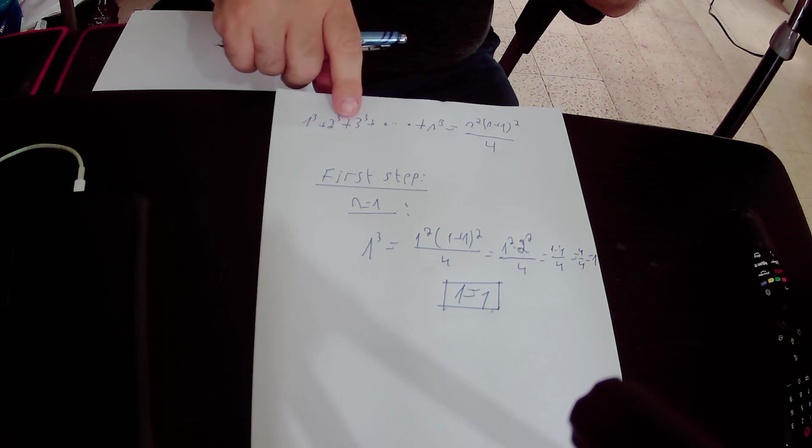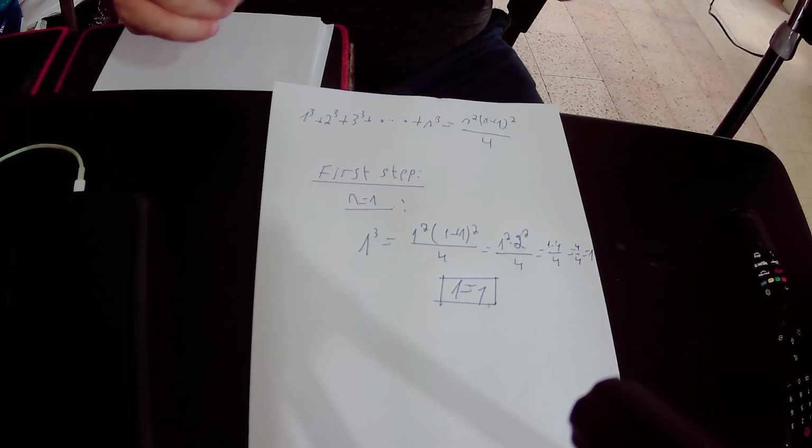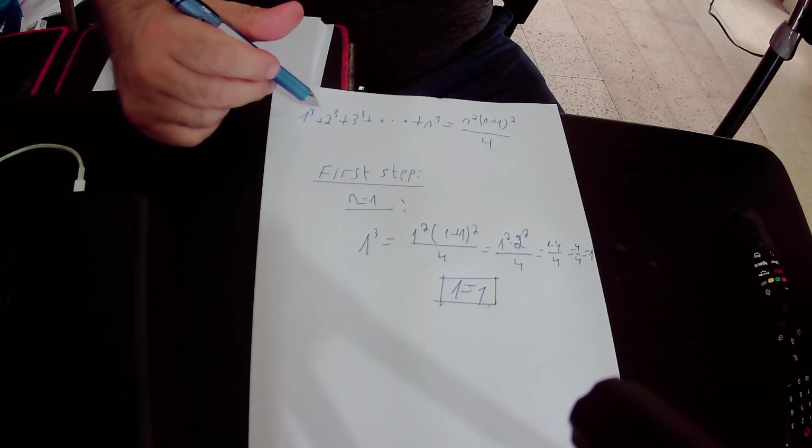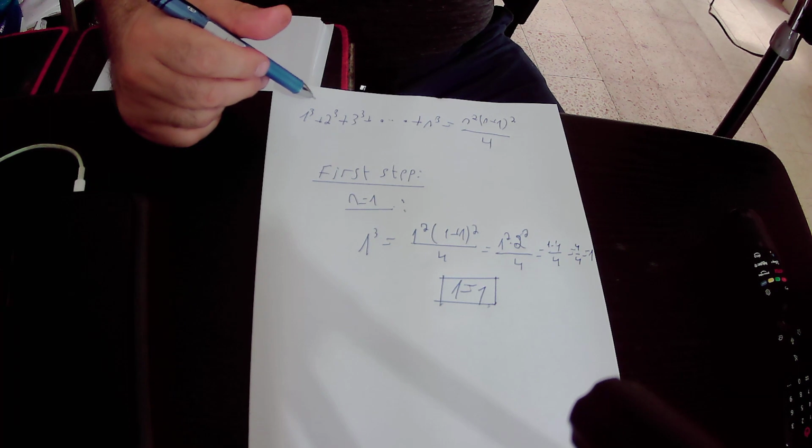Now the second step is to assume that this statement, or this claim, or this equation is true for n.